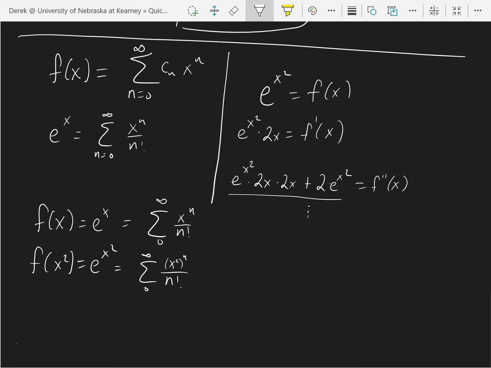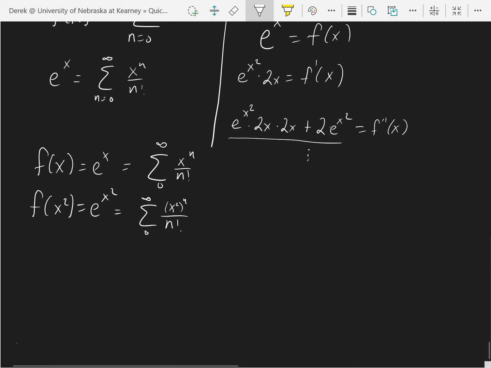So I can just substitute straight into the Taylor series and get a Taylor series for the other function. So e to the x squared is actually equal to the sum from n equals 0 to infinity of x to the 2n over n factorial. I didn't really have to go through all of the computations of finding the derivatives of e to the x squared. I could use substitution.